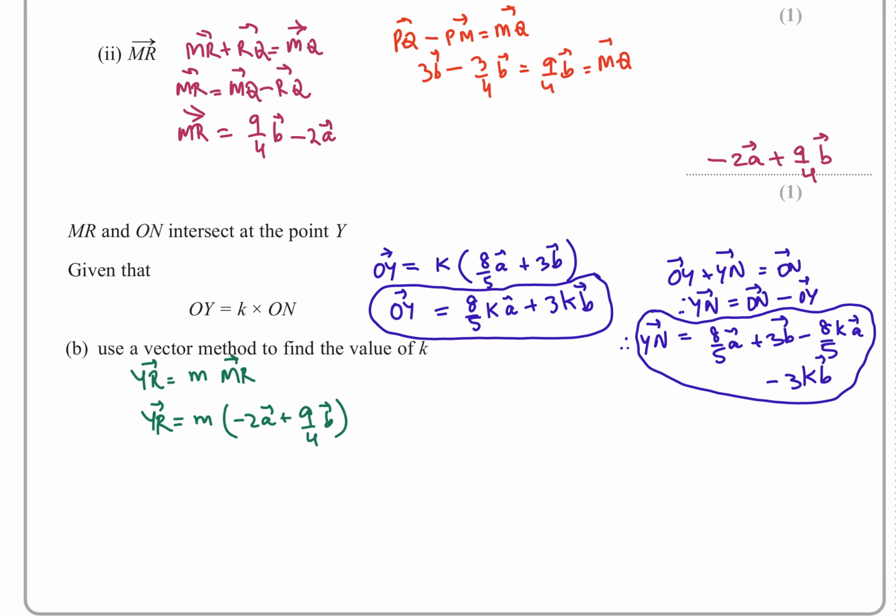I can write YR is equal to minus 2ma plus 9 over 4mb.